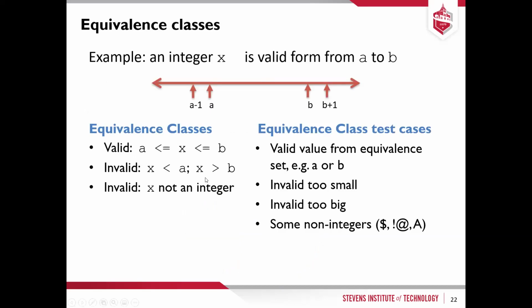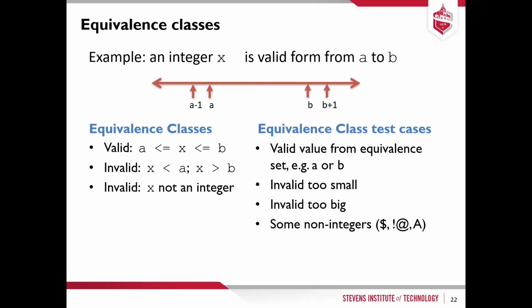Examples for the equivalent classes with the boundary conditions can be, if we are looking at integers, for example, I know that I need to test a little bit less than A and a little bit more than B, right? So I can check the valid: if X is between A and B. Invalid is a little bit less than A and a little bit more than B. The equivalent class would be a valid value from anything.